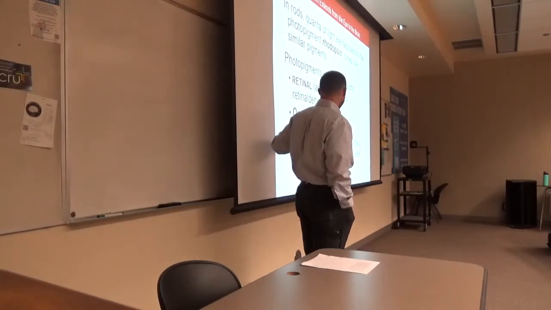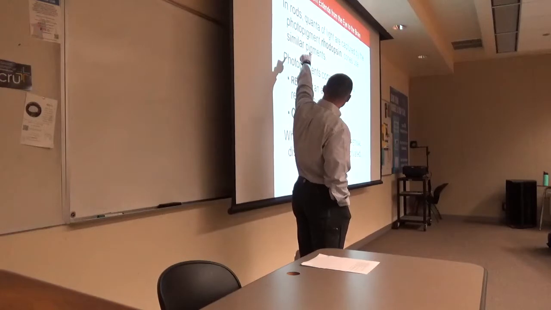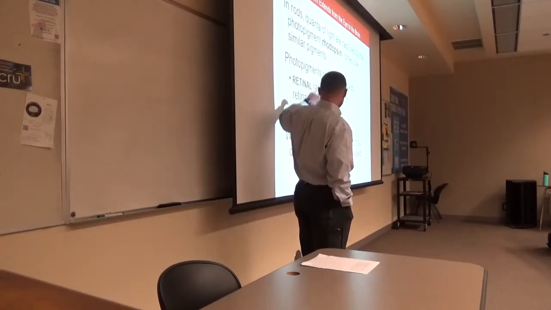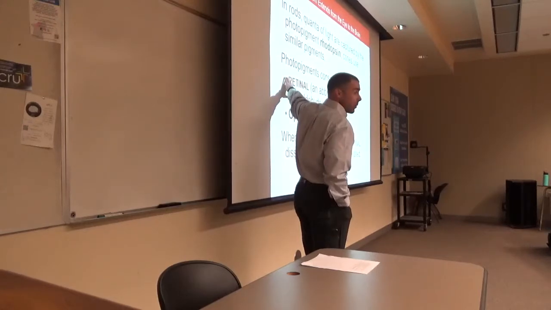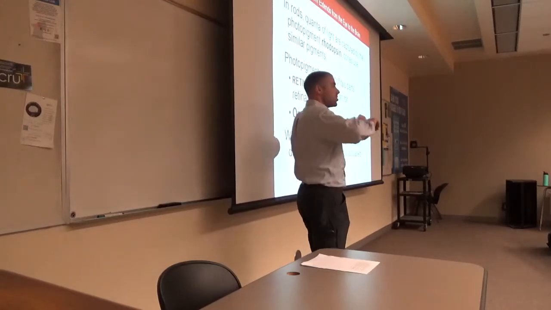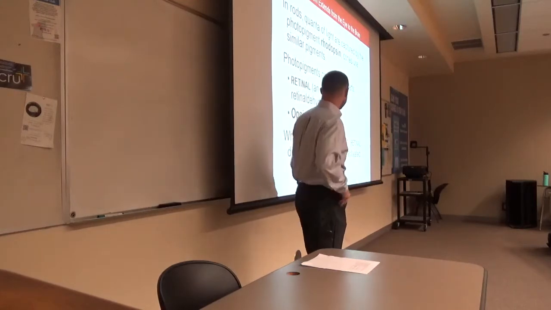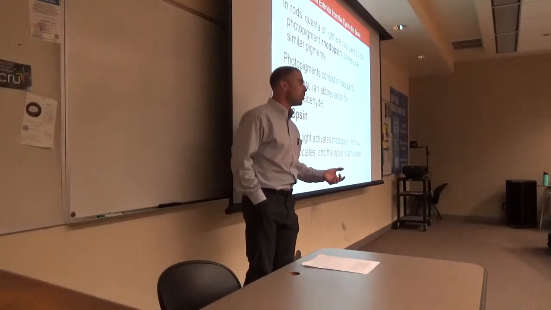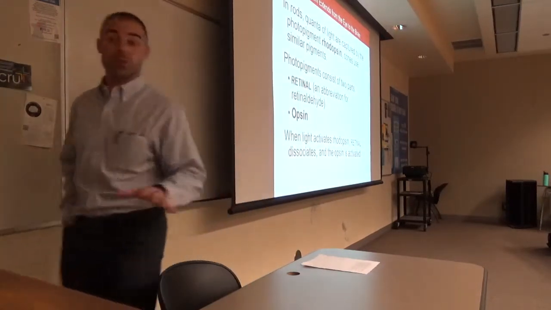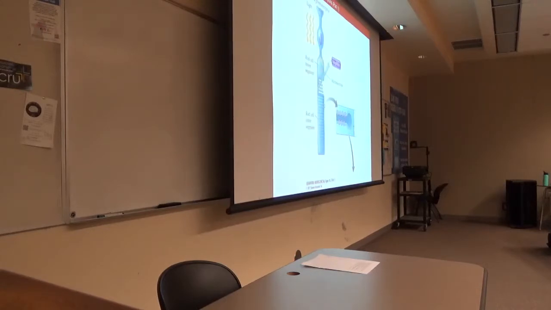And so we're going to see that when light hits this thing called rhodopsin, this photopigment, the part that we're going to call retinol, this chemical, it's going to dissociate, which means it's going to separate, and it's going to activate this other thing called an opsin. Now that just sounds like a bunch of wonky words. It's a lot easier to see in a picture, okay? And so that's kind of what we're going to start looking at here.